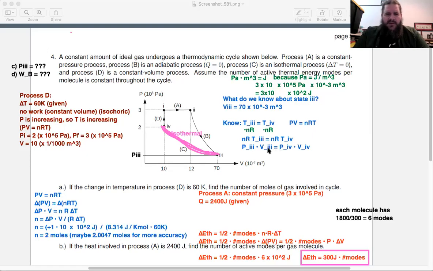And I think we know all of those, right? The only missing piece here is pressure 3. So we can find pressure 3 by doing what? How would you isolate pressure 3 here?